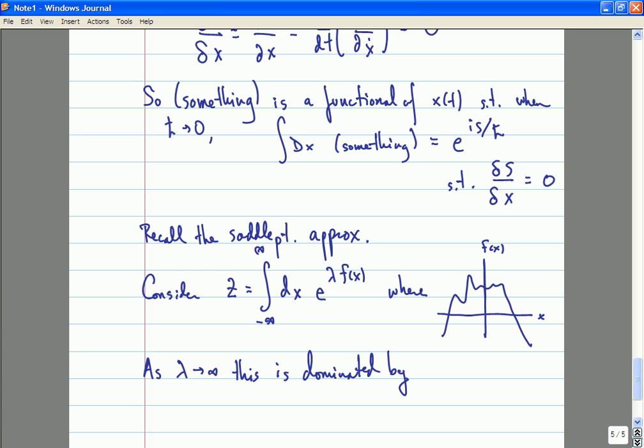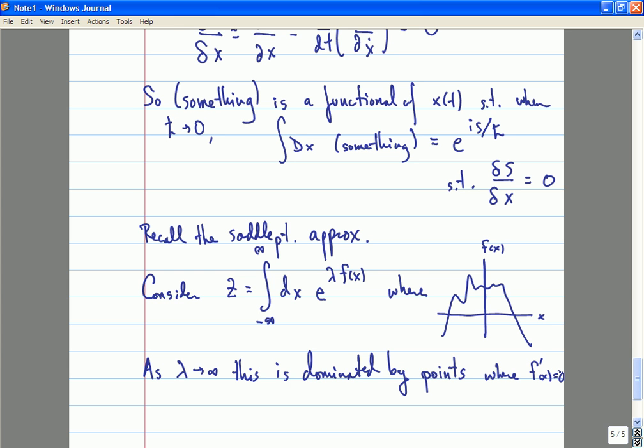Okay. Hopefully that should be clear. E to the lambda f of x is going to be very big when lambda is big at the place where f has a maximum. So in particular, it's dominated by the point where f prime of x is equal to 0, namely at the maximum.